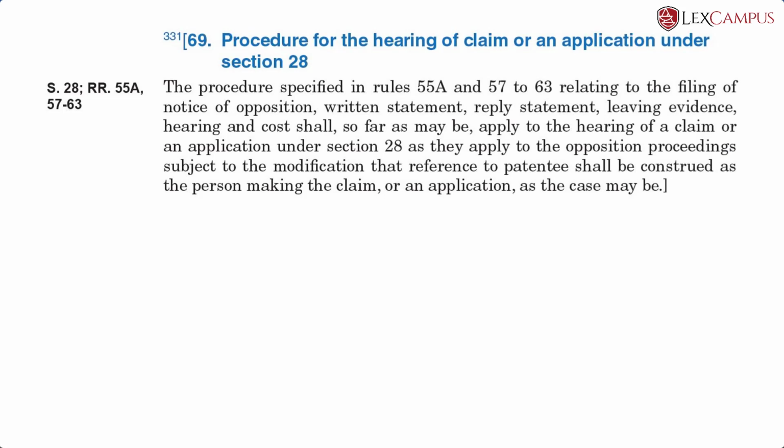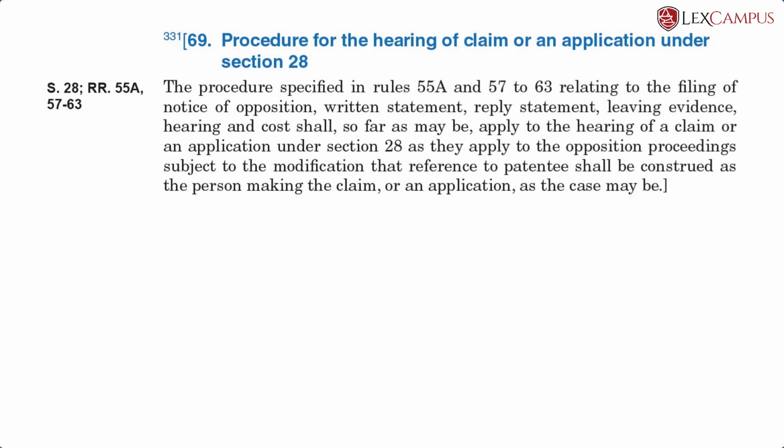So, the same rules, like the rules as in how to start the proceeding by filing a form, filing the statement by the opponent, then the patentee files his reply, then the opponent gets a chance to file a reply to the reply, then there will be a hearing, then there will be evidence, the evidence will be closed.